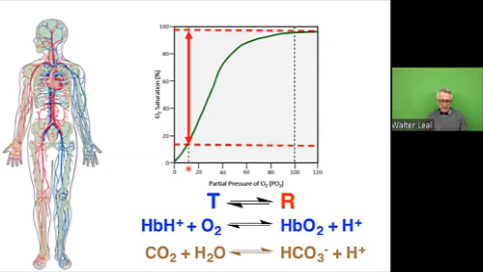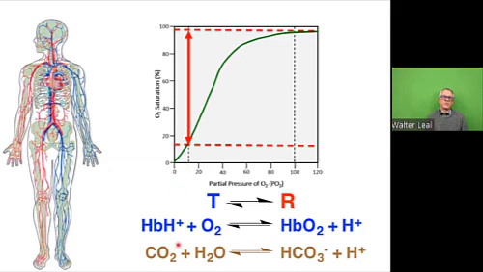The tense form doesn't want to bind oxygen, and the relaxed form is the one that wants to bind oxygen. So when it comes to the lung, it becomes the relaxed form, and this is carried to the periphery. At the periphery, the equilibrium shifts towards the tense conformation that doesn't want to bind. So that's the deox form of hemoglobin.